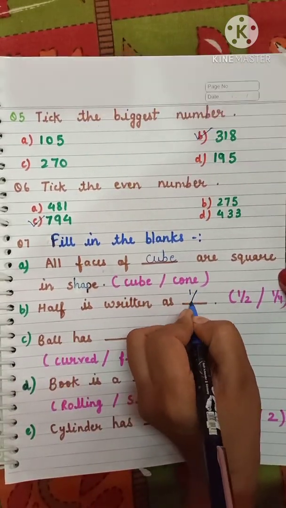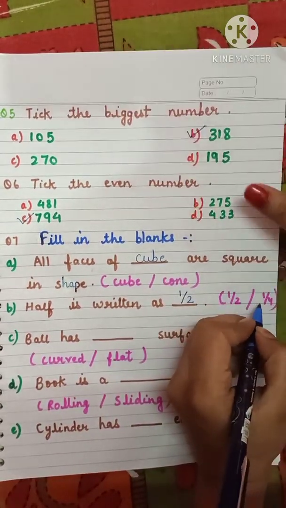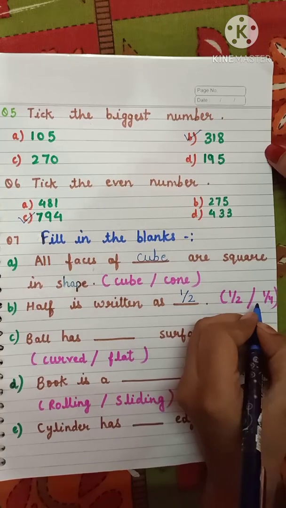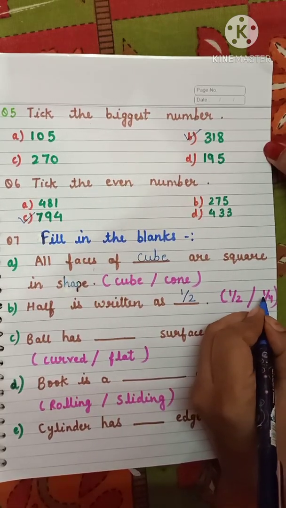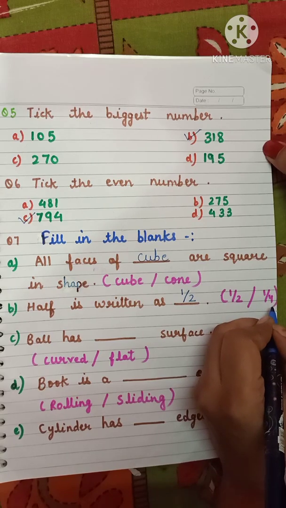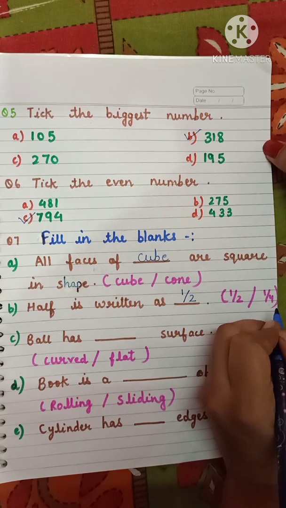This is 1/4. Because in 1/4, we talk about one part out of four equal parts, because we divide the object into four equal parts.